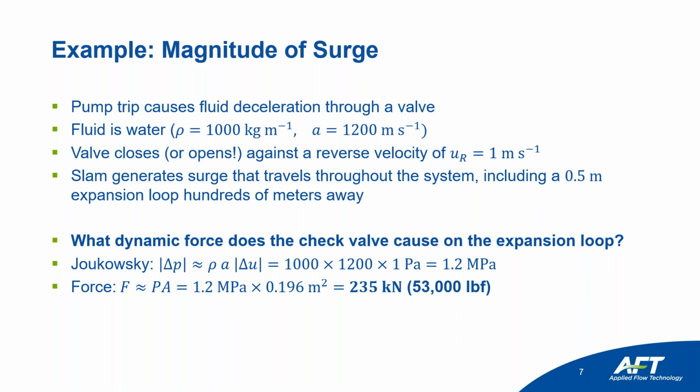And the force would just be estimated again by that pressure delta multiplied by the area of that expansion loop, and you get this pretty huge force, 50,000 pounds force. And this is not just contrived, this is a very realistic number. You can see this type of force in a system from relief valves or check valves operating basically as intended, opening and closing as you might expect.